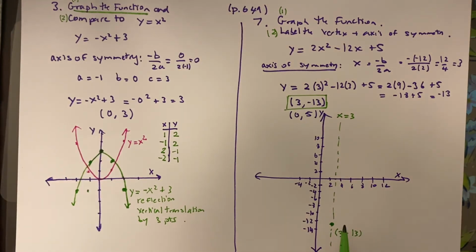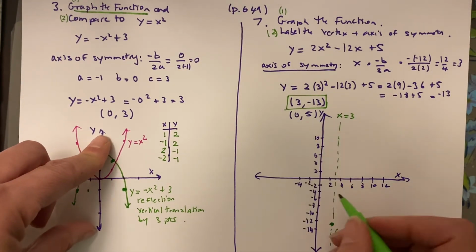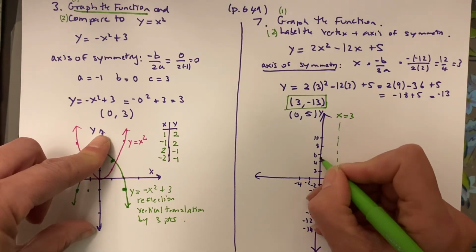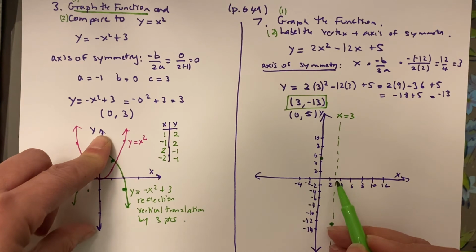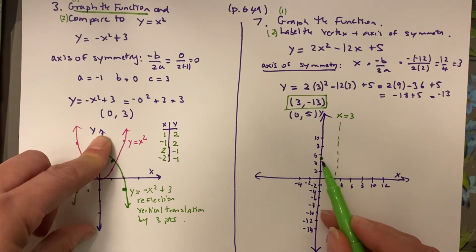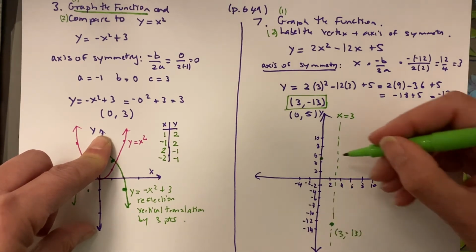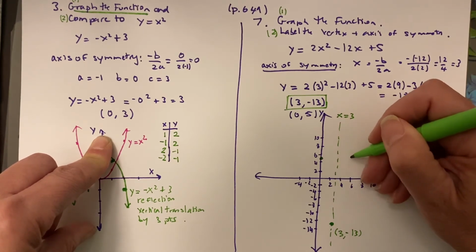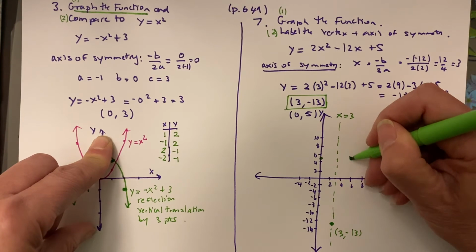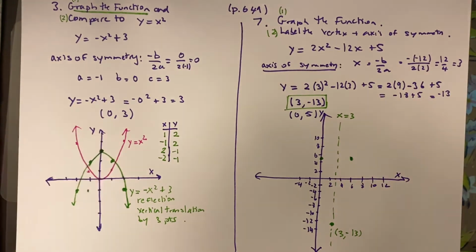The other point that I've also found is the y-intercept, 0, 5. And again, it's so convenient because this is 3 units over from the axis of symmetry, which means I know that at the same height of 5, if I go over from 3 to 6, I'm going to have a matching point because of the symmetry of the parabola.